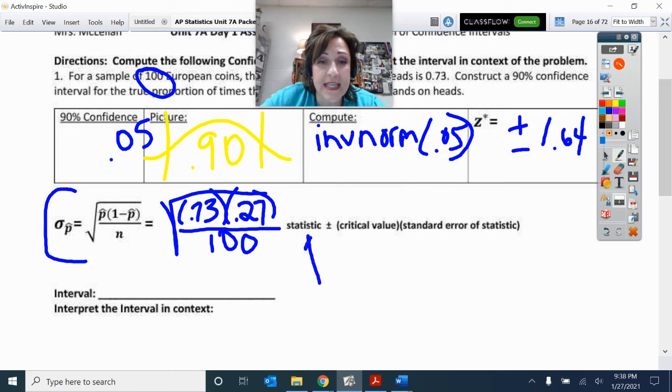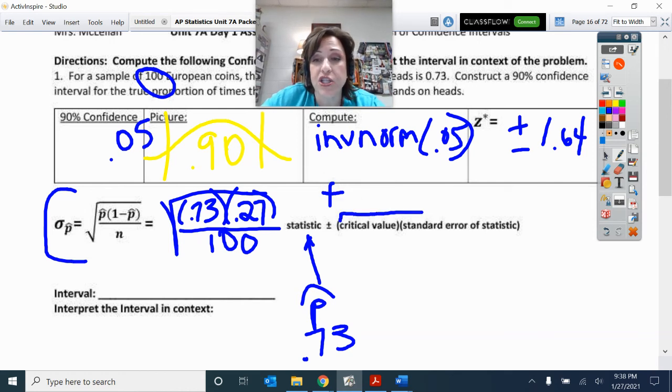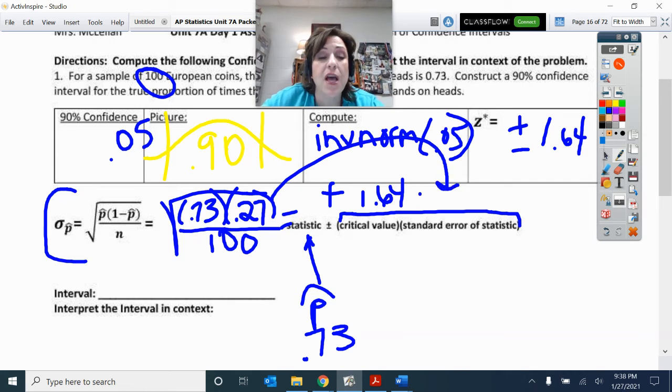Your statistic, that's your p-hat, so that's your 0.73. And then you're going to add this margin of error, which is the critical value times whatever you get from that. That will give you the upper bound.